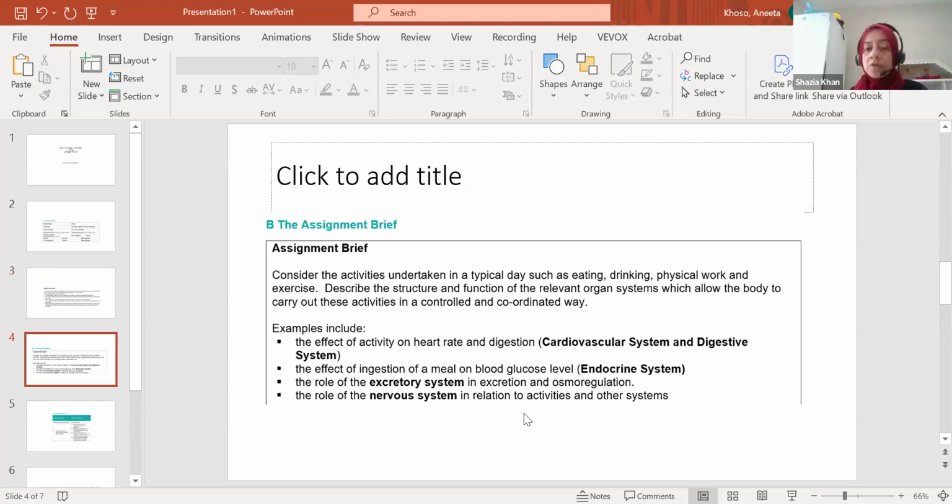So the examples include the effect of activity on the heart rate and digestion, such as the cardiovascular system and the digestive system. The effect of ingestion of a meal on blood glucose level, which is the endocrine system. The role of the excretory system in excretion and osmoregulation. The role of the nervous system in relation to activities and other systems.